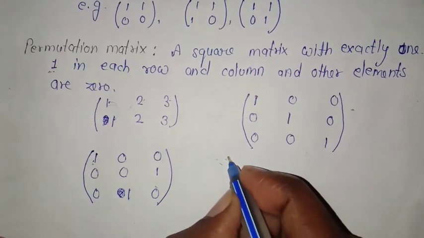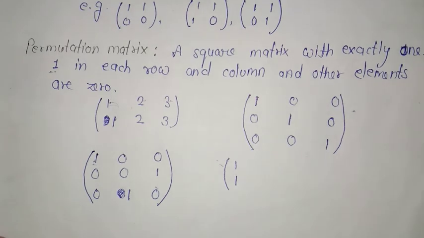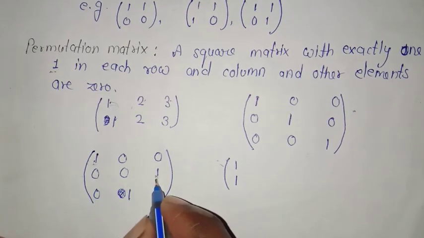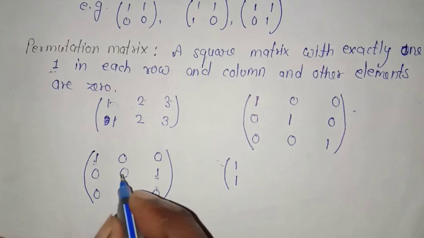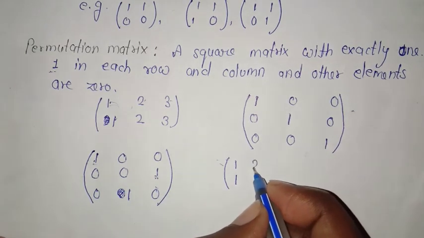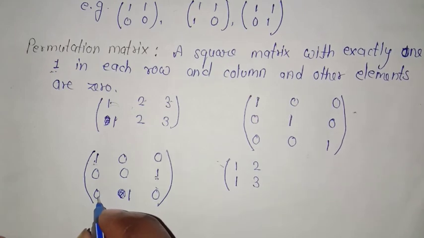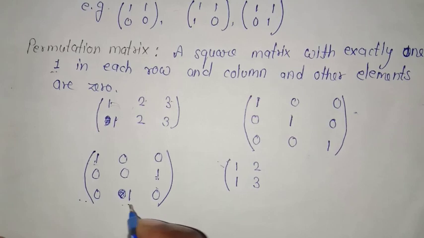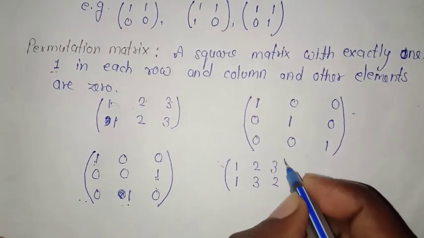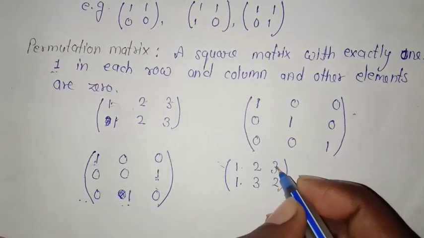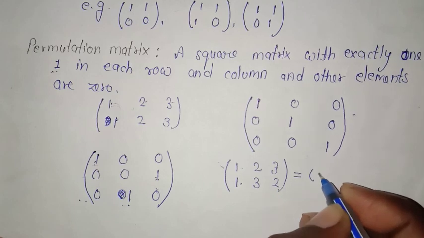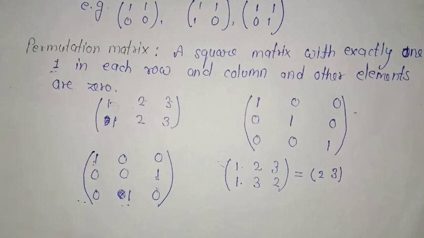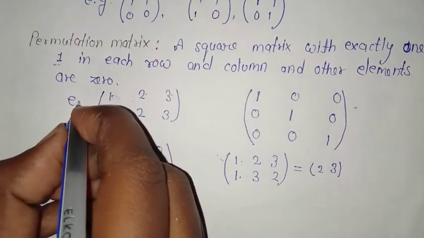In the second row, 1 is present at the 2, 3 position, that is, 2 is going to 3. And in the third row, 3 is going to the second position, so 3 is going to 2. So 1 is going to 1, 2 is going to 3, 3 is going to 2. That means it is a cycle of length 2, that is (2 3), which I have discussed. So these are examples of a permutation matrix.